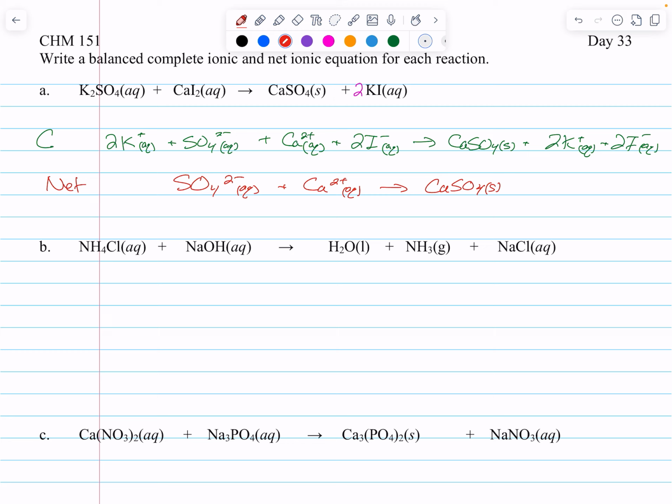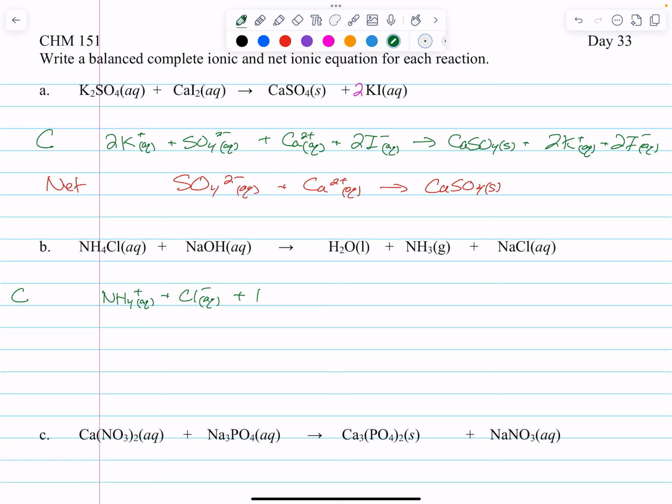This is actually an acid-base reaction, but it's a weak acid, right? We don't know that yet, and that's okay. But ammonium chloride, that's also ionic, isn't it? So in my complete, I have NH4 plus AQ plus Cl minus.